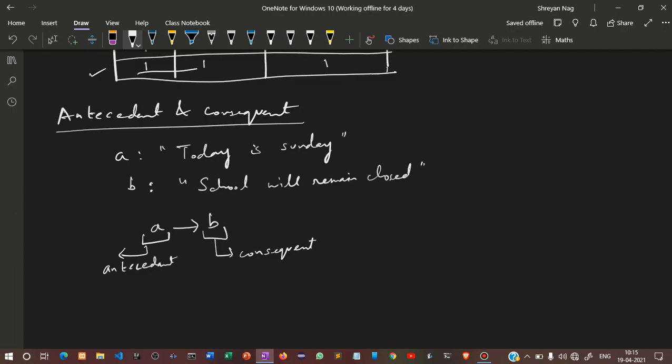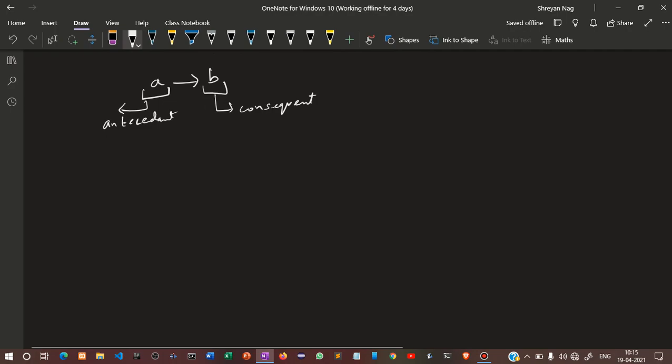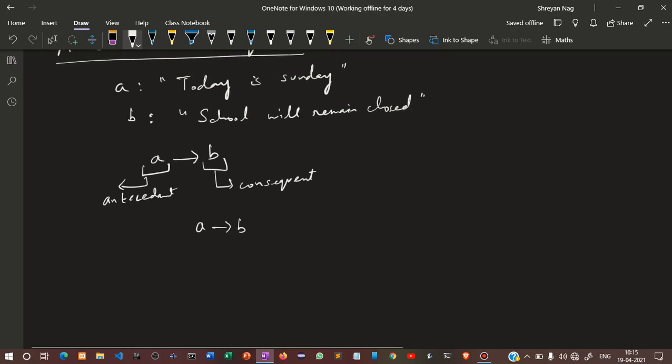Okay. So how would you write this? A implies B can be written in the form of a statement as: if today is Sunday, then school will remain closed.